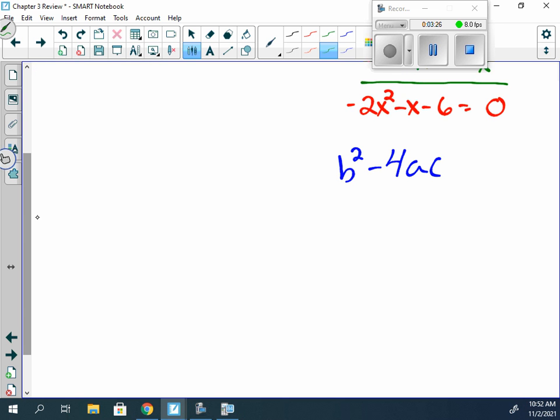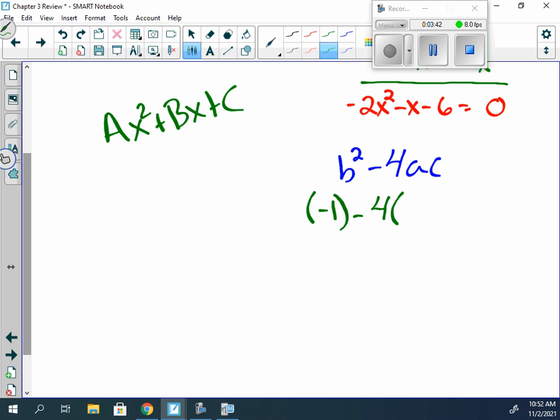It would be negative 1, because our b term is going to be the term in front of x, because we're going based off of the ax squared plus bx plus c model. So b is the term in front of x, so it would be negative 1.